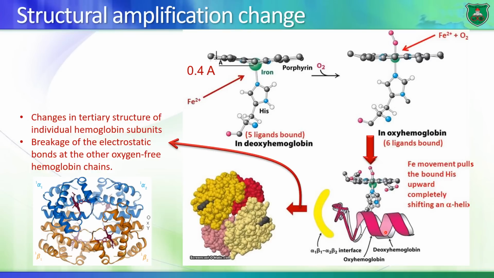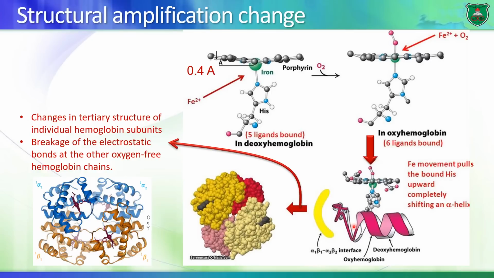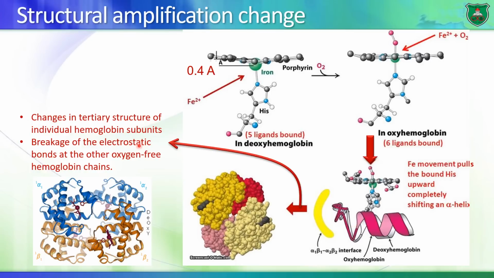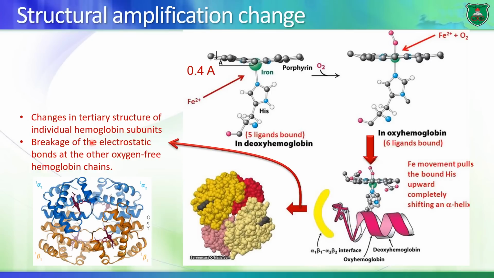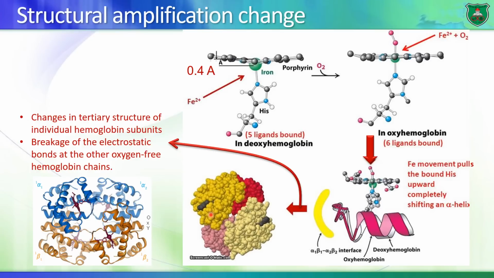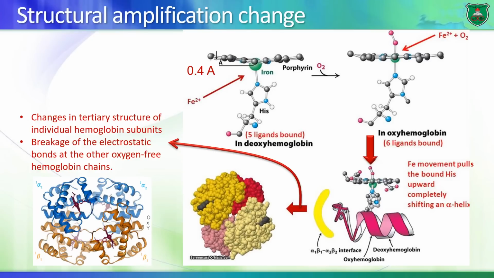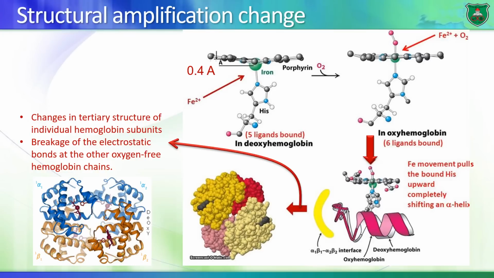So the position of the alpha helix also changes. This changes the tertiary structure of the polypeptide that is now bound to oxygen, and that causes breakage of the electrostatic interactions between the chains, between the dimers.